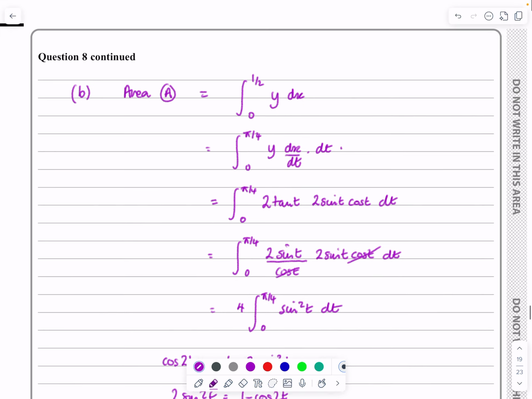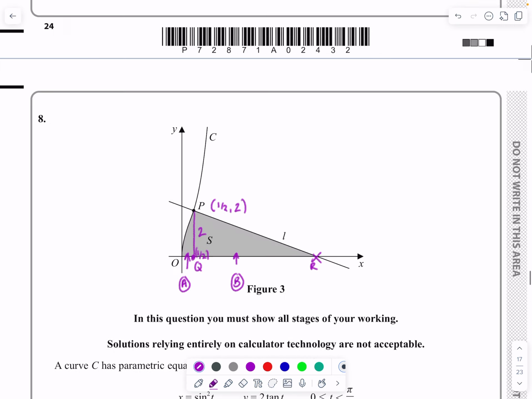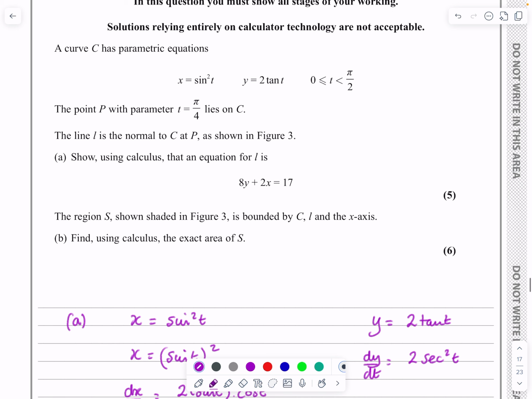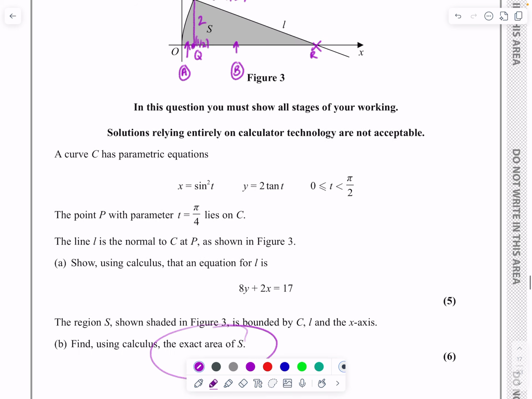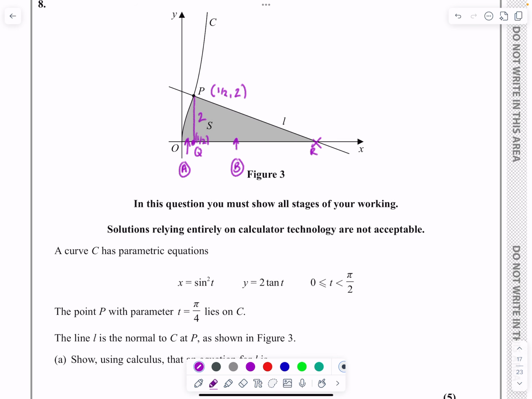Which is the final answer. Let's just go back and check. Did they ask me to show it's equal to anything? No, but they did say to find the exact area there. So we just need to be careful when we're doing that to find the exact area as we're going ahead and doing all that. Okay, long question. Hopefully that all makes sense to you.